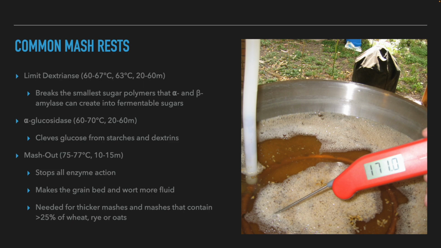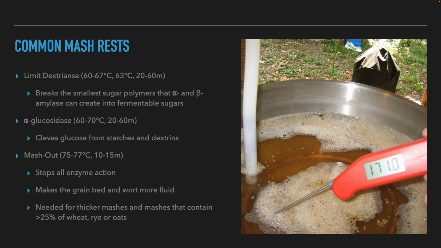In the same range, we have 2 more enzymes that are active. These are limit dextrinase and alpha glucosidase. Limit dextrinase is working between 60 to 67 degrees Celsius, and should work between 20 to 60 minutes.